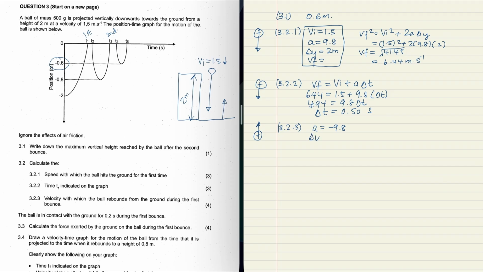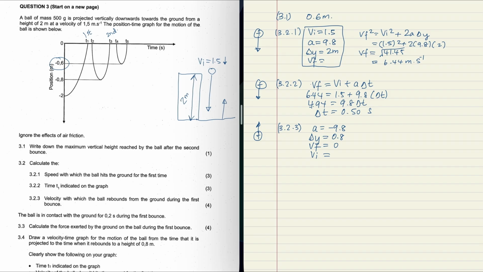So delta y is going to equal, how high is the ball going to travel on the first bounce? It's going to travel 0.8 meters. And at that 0.8 meter mark, it stops. So I know its VF is 0. So I want to know what is the velocity at the start of that motion. So I want to know what is VI.